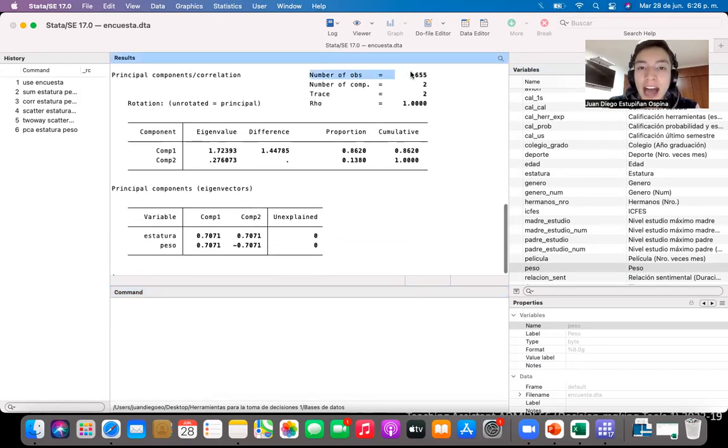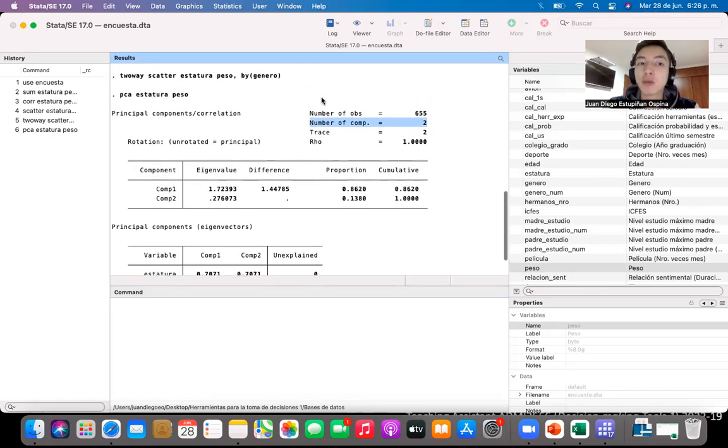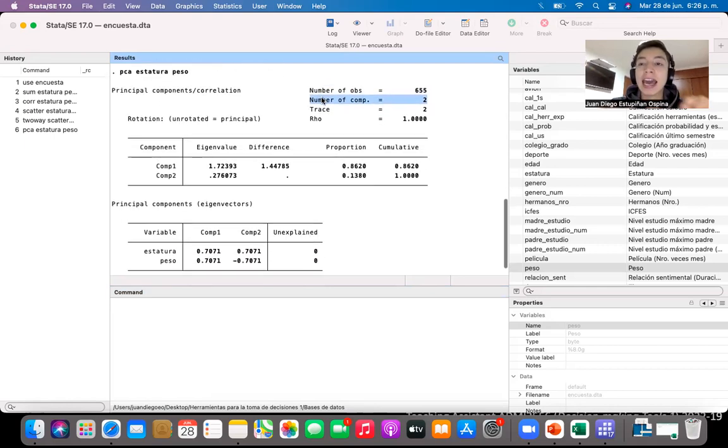Here we will have the number of observations and also the number of components. Remember that I told you that Stata will create an amount of components that is equal to the variables that you are using.